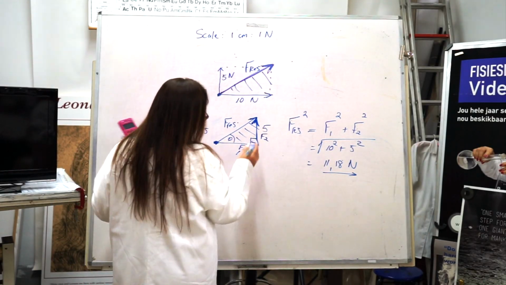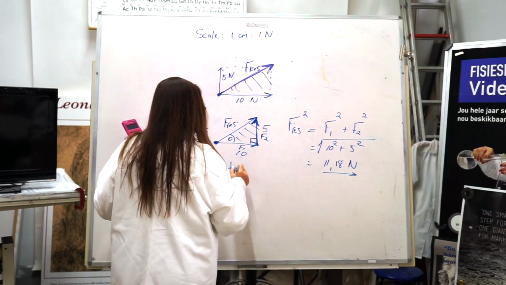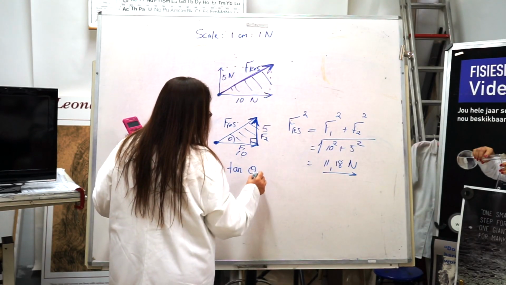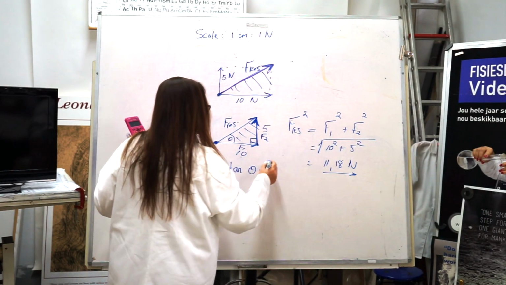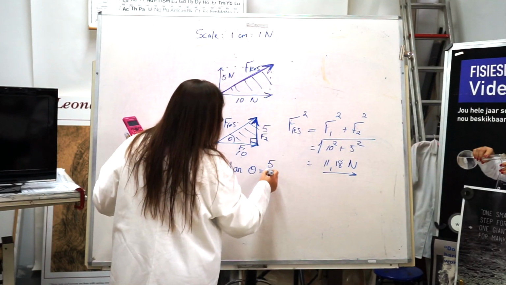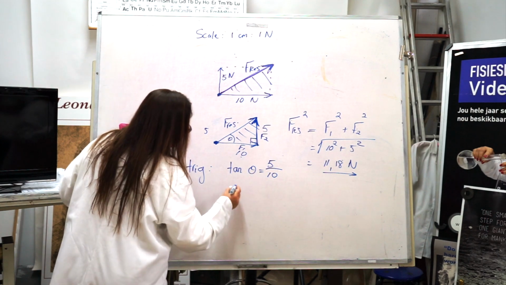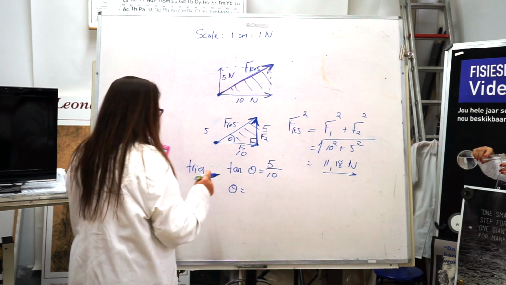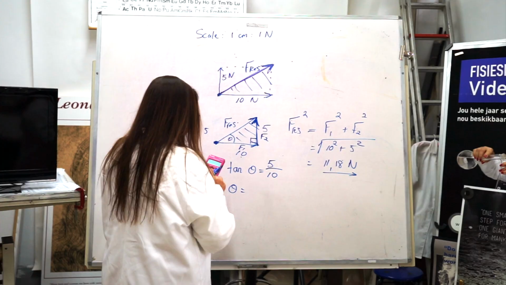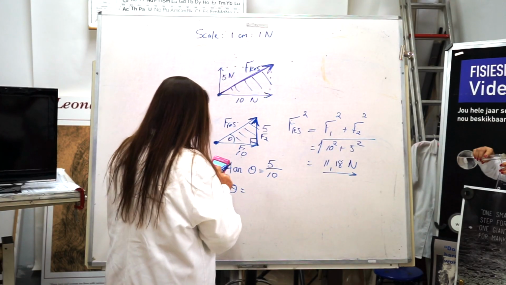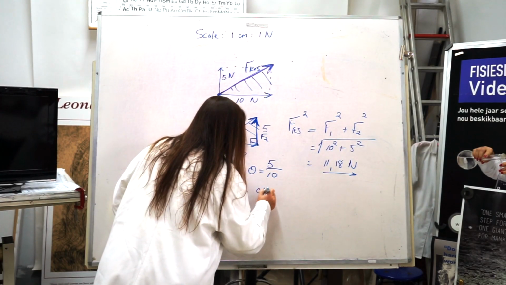I'm going to say, okay, adjacent and across, that is going to be tan theta, which is across over adjacent, 5 over 10. What am I going to do now? So tan theta is going to be 5 divided by 10. That gives me the value of 0.5.